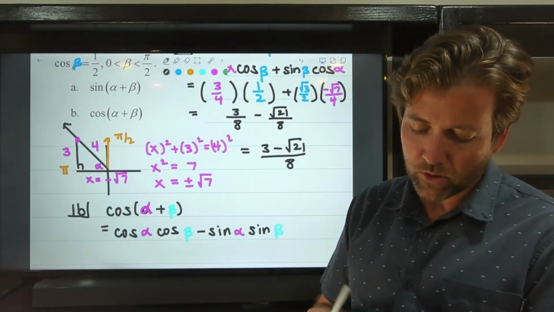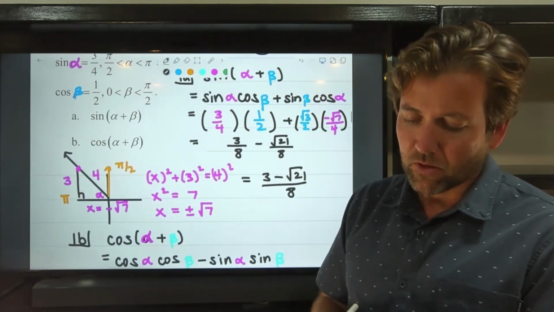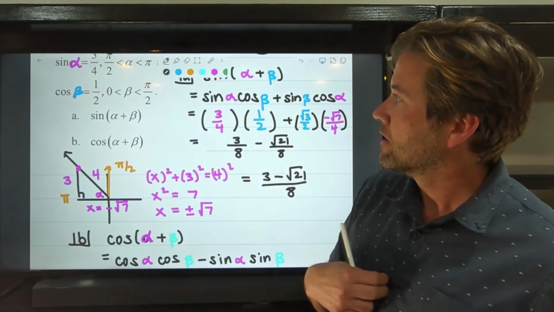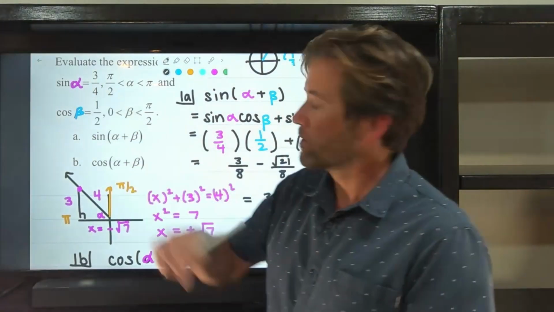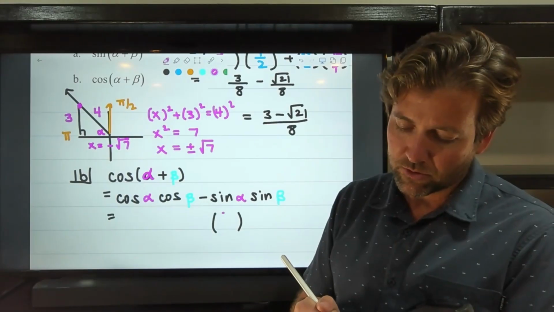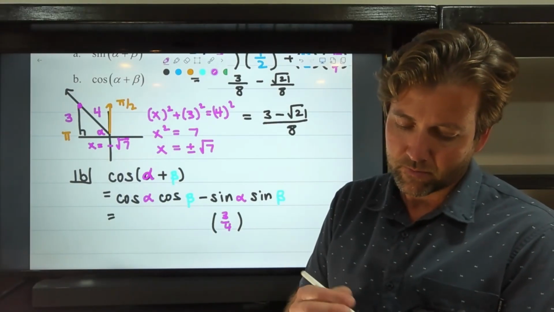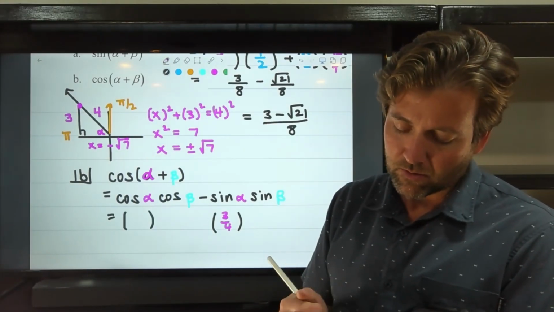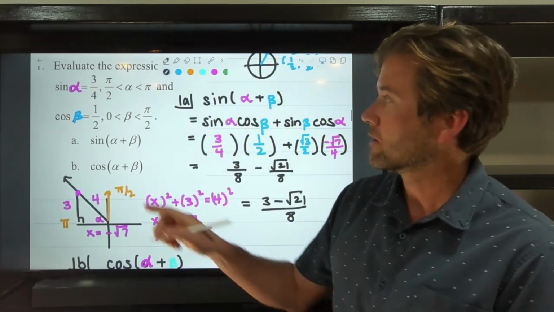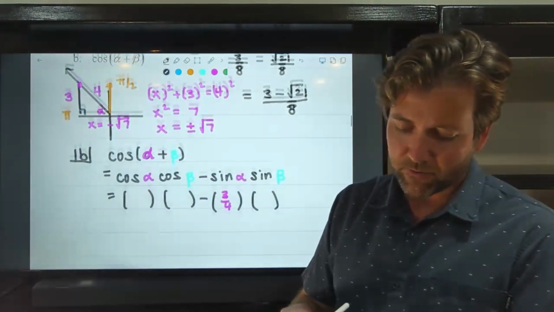Now this should be really quick because based on the previous problem, we have all these values already. Sine of alpha is 3/4, that's given. So this is 3/4 here. The cosine of beta is 1/2.